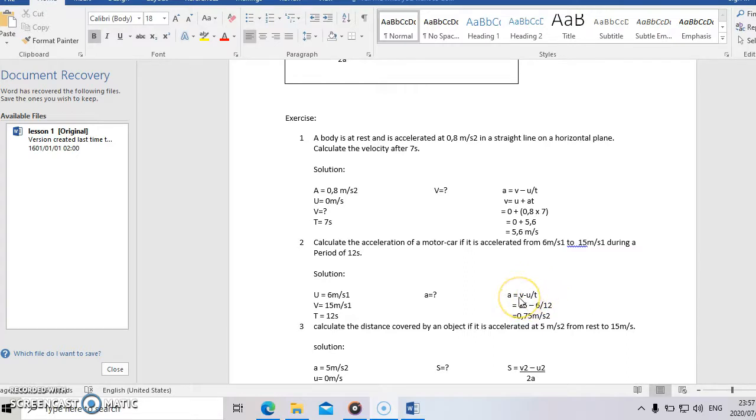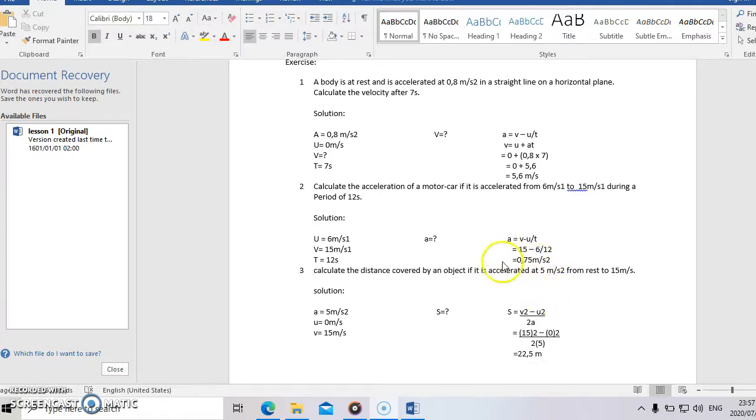Our final velocity is 15 meters per second, minus u, which is 6, over time, which is 12. Our answer is 0.75 meters per second squared. This is our acceleration.